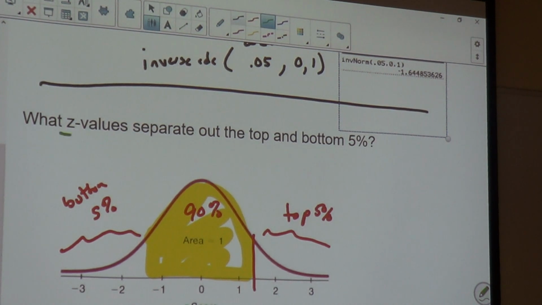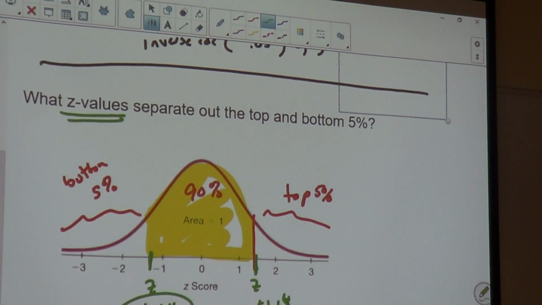So it wants to know what Z values separate the top and bottom 5%. The same answer, negative 1.64, positive 1.64. It just wants you to realize, what did you just do? That's what I just did. I separated out that top and bottom 5%. So the answers for part A and part B are exactly the same. They just wanted you to figure out what you were doing. I want to make sure you understand. There you go.